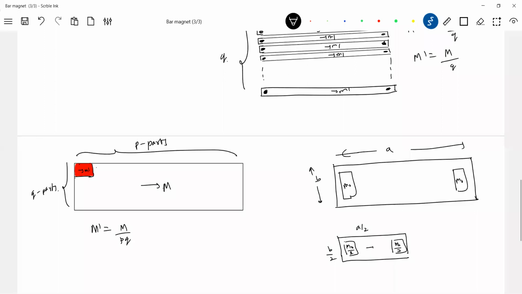This is M, this is M dash. So what is M dash? M dash should be equal to length times pole strength. Length will become A by 2, pole strength is M naught by 2, so this will become A M naught by 4. And A M naught is the dipole moment.